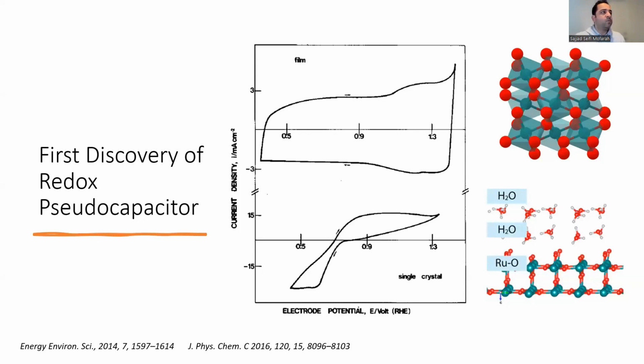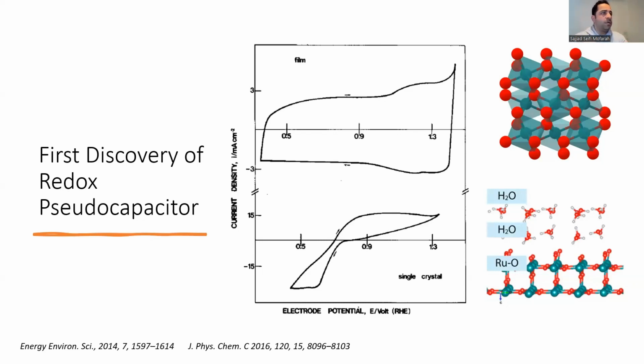For pseudocapacitors, we usually have one sharp peak in the oxidation part and one sharp peak in the reduction part. But here we have kind of EDLC behavior from ruthenium oxide, which is a pseudocapacitor, and that was very interesting. So this behavior comes from the involvement of protons in the charge and discharge process.